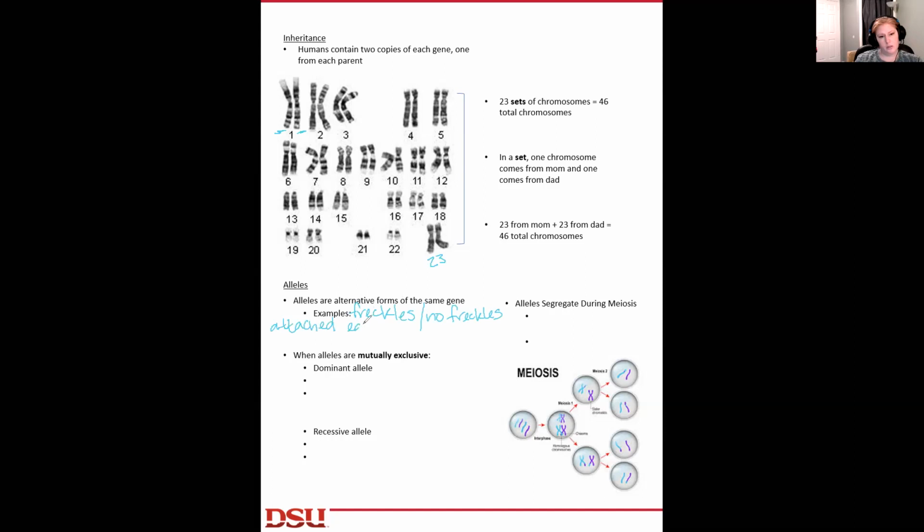Attached earlobes or free earlobes, if you will. Never mind, I think mine are attached. Yep. So if they just come straight in, right there, those are attached earlobes. But if they hang down a little bit, those are free hanging earlobes.